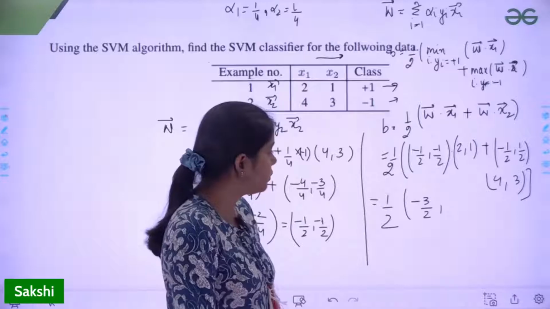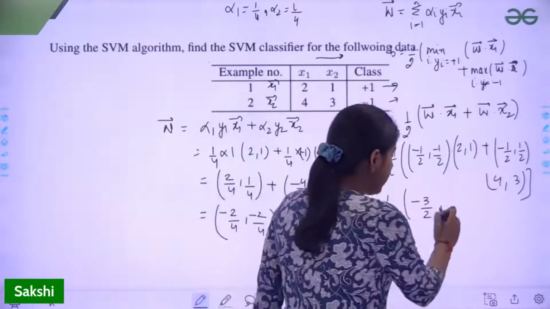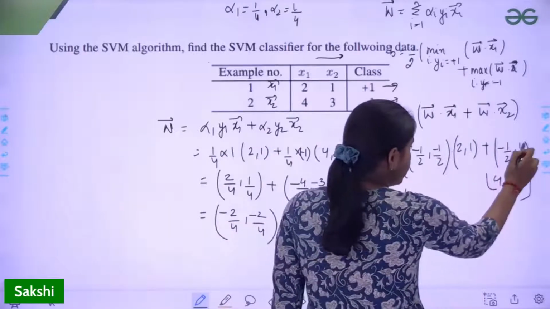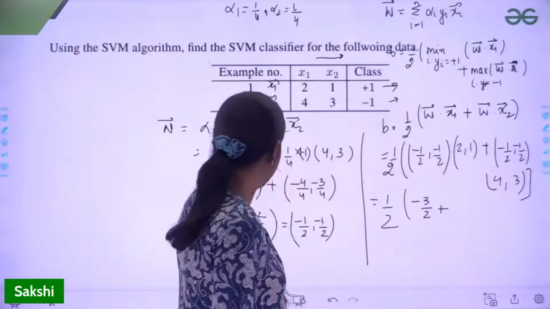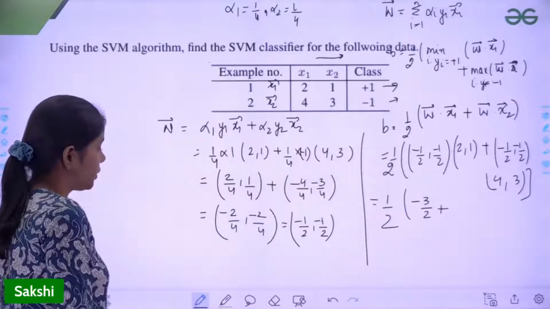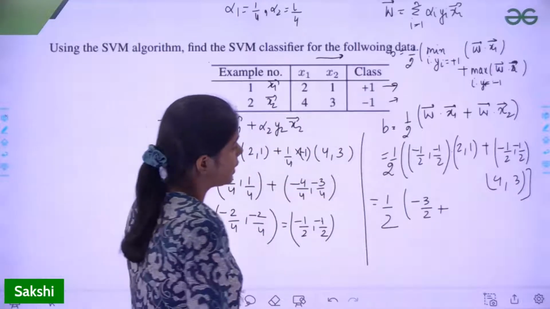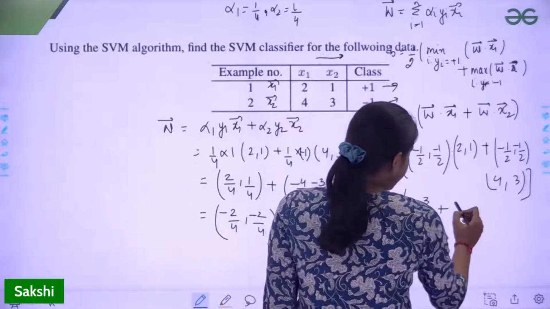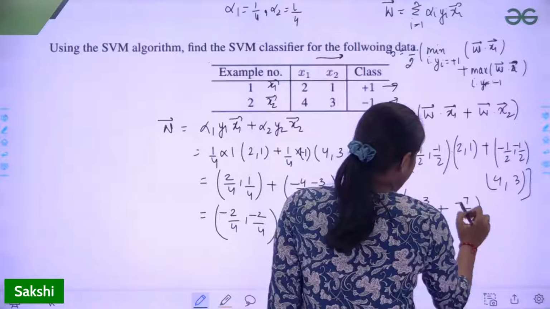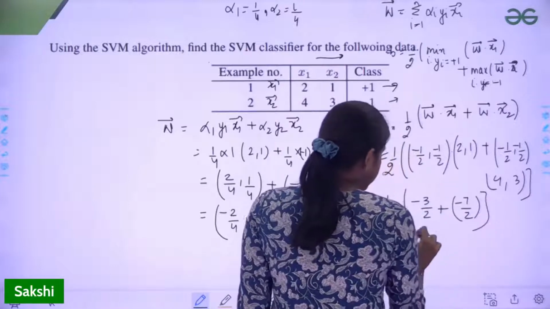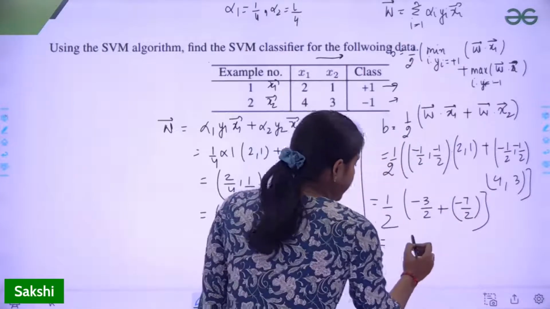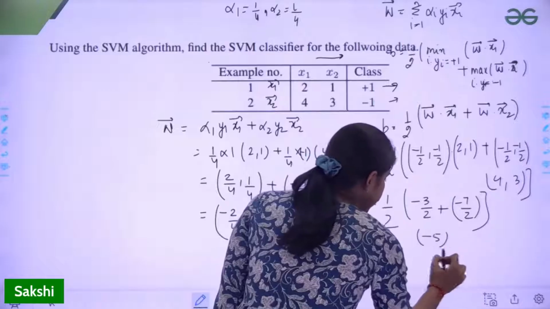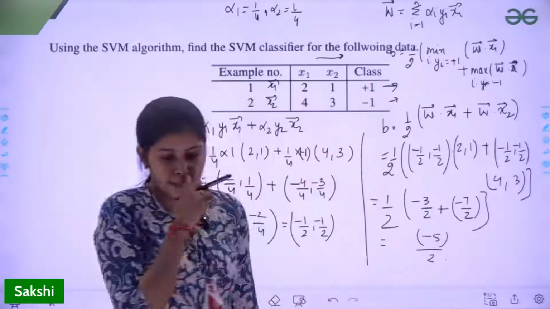Then we multiply: minus 4 minus 3 would be minus 7 by 2. So it would become minus 10 by 2, that means minus 5. The value of b is minus 5 by 2.